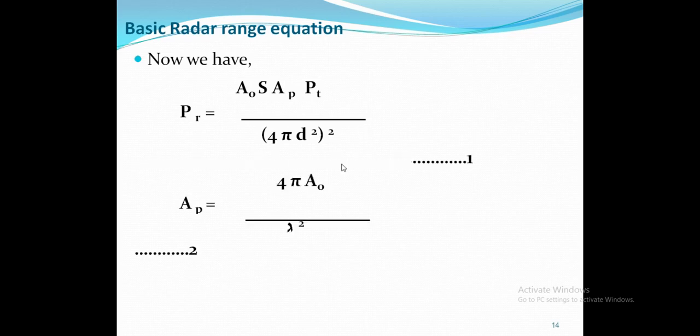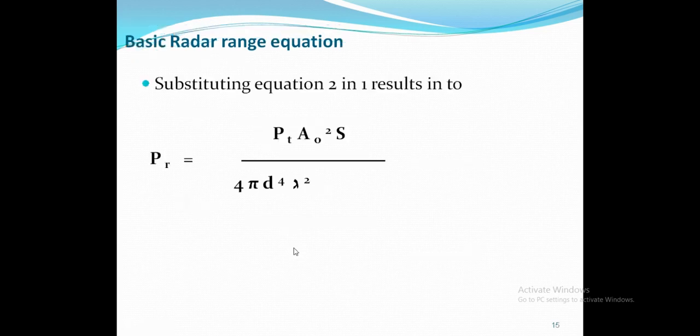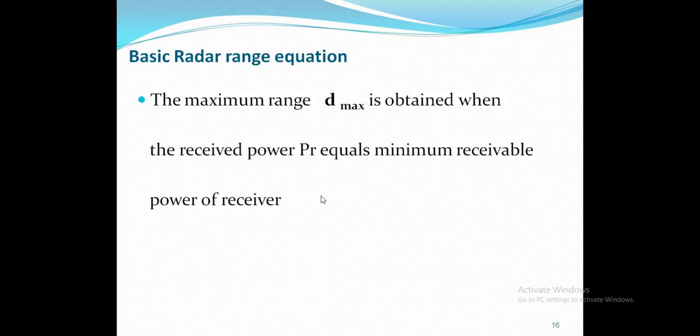Here we have AD is equal to 4 pi A0 by lambda square. Substituting this in the equation, we get PR is equal to PT A0 square S by 4 pi d to the power of 4 lambda square.